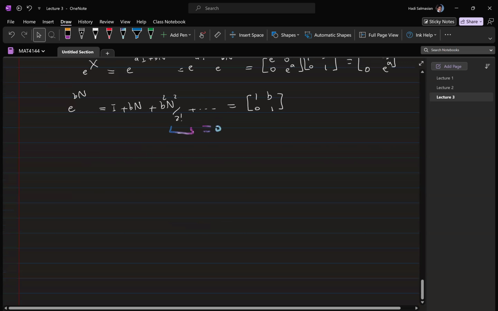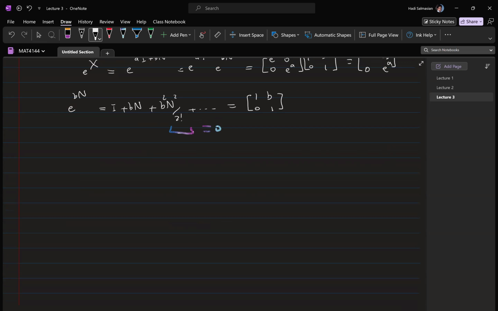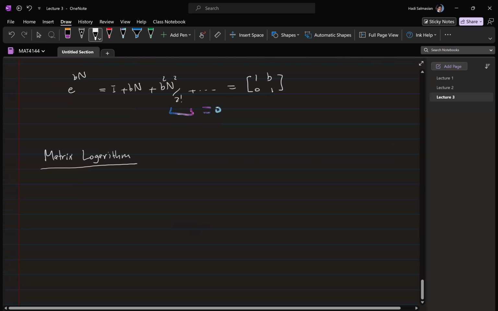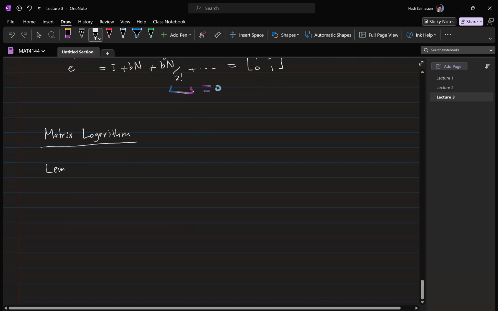So the matrix logarithm is again defined by some series, using the following lemma. So here's the lemma.